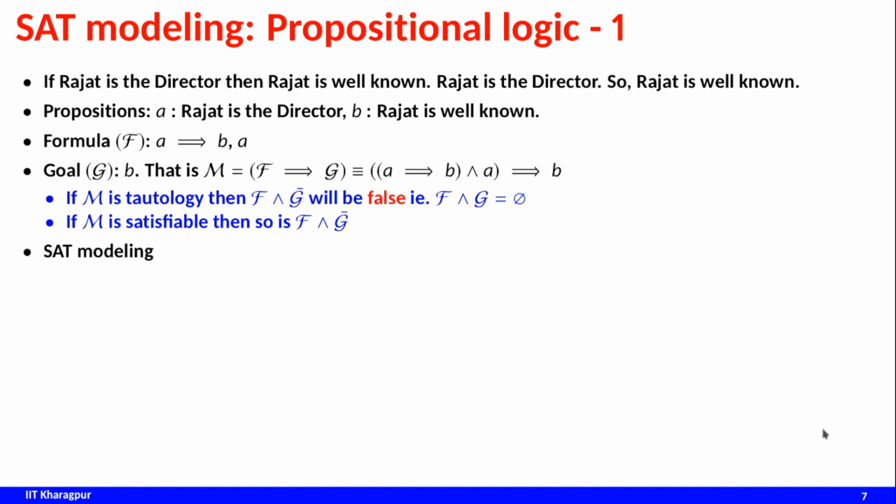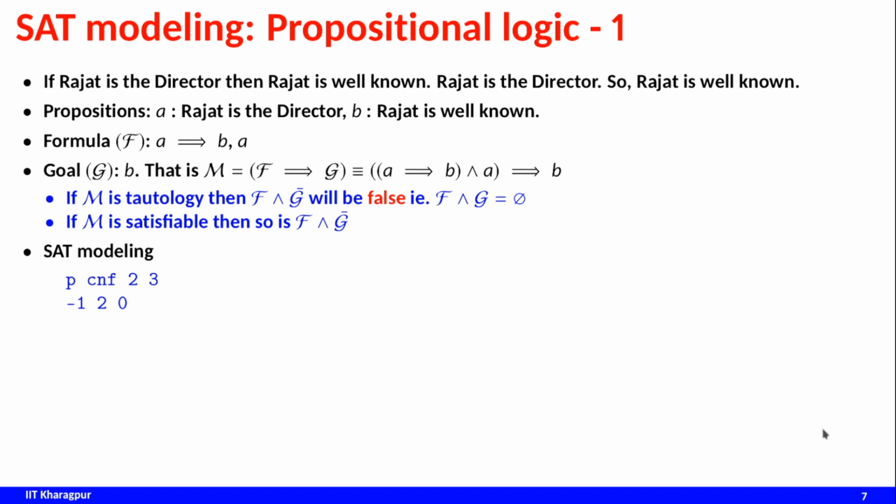So for this example, let us model this one. Here we have two variables, A and B, and we will have three clauses, because these three together form the actual satisfiability problem. So we have defined two variables and three clauses.